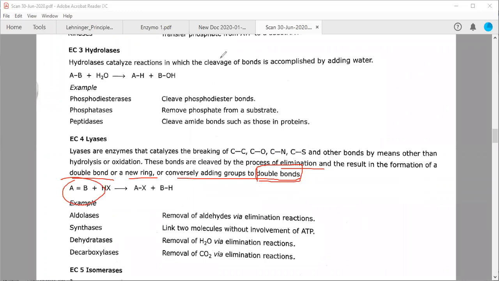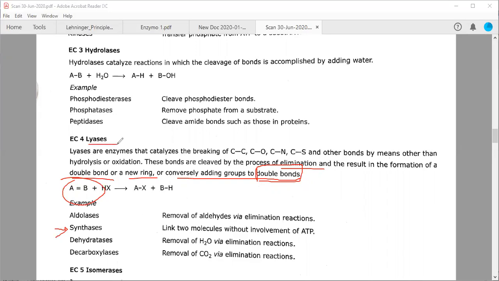Now, what type of examples does it have? There are lots of enzymes in this class also. For example, aldolases, synthases. Most of the synthases do not require ATP, except a few, because some of the synthases we are going to discuss in the last class also, but mostly the synthases are part of lyase.